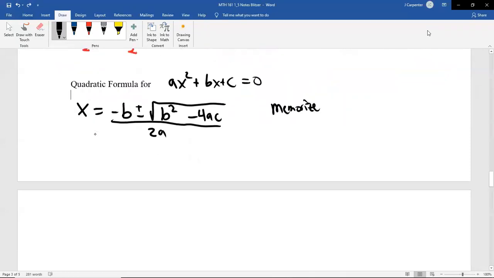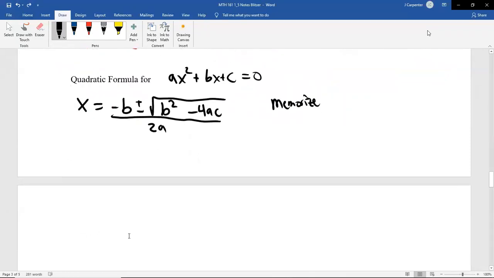All right, so let's try out the quadratic formula. Example 5, solve by QF, quadratic formula. A, we'll have x squared plus 6x plus, excuse me, 11, not 1, 11.